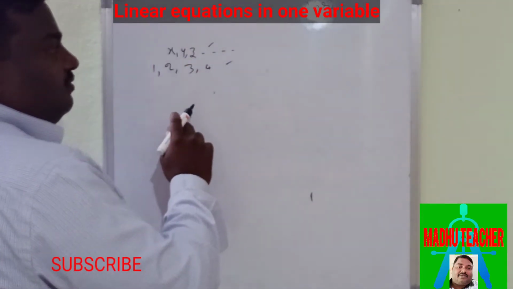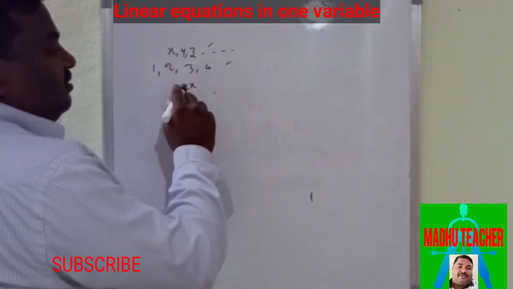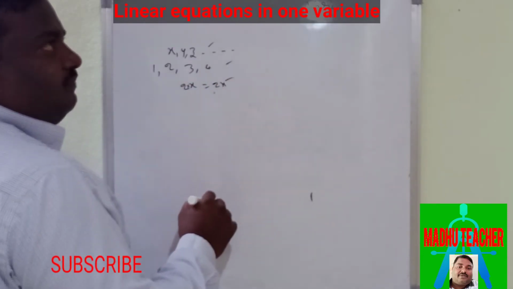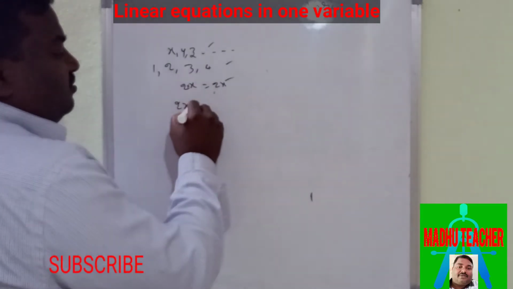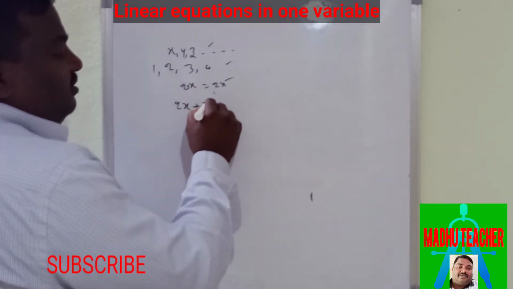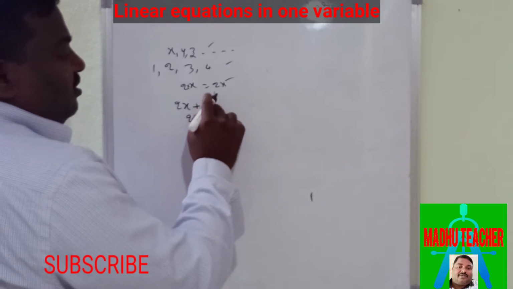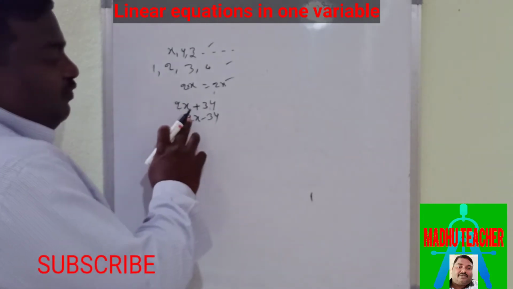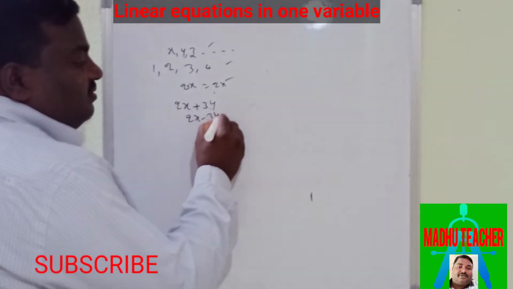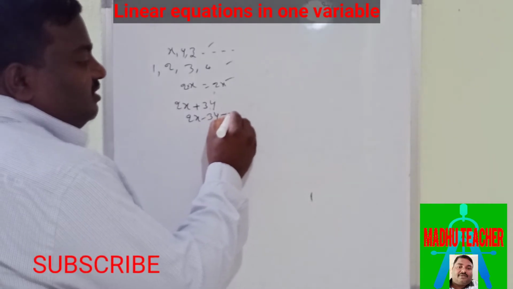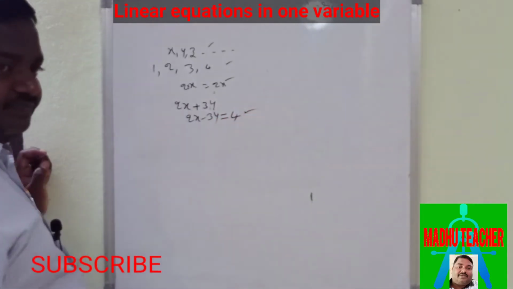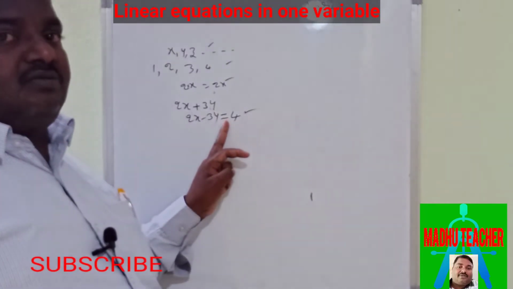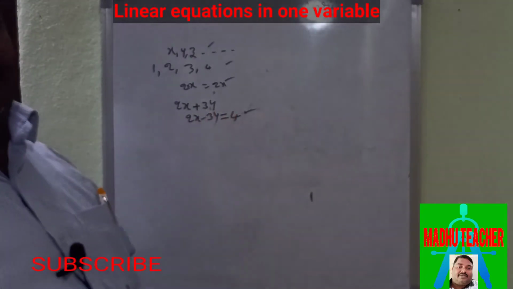The combination of variables and constants by multiplication is called a term. The combination of terms by using addition or subtraction is called an expression. Now, if an expression has an equal sign, then that expression is called an equation.